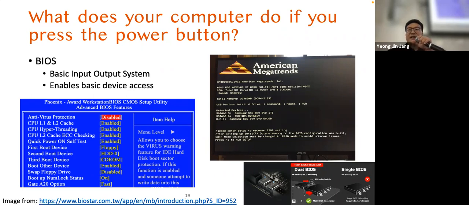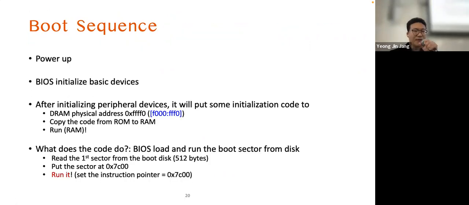And then after this BIOS setup step, what it does is power up, and then the BIOS initializes the devices. To do this, the BIOS actually needs to put the code into RAM to run it by the CPU.